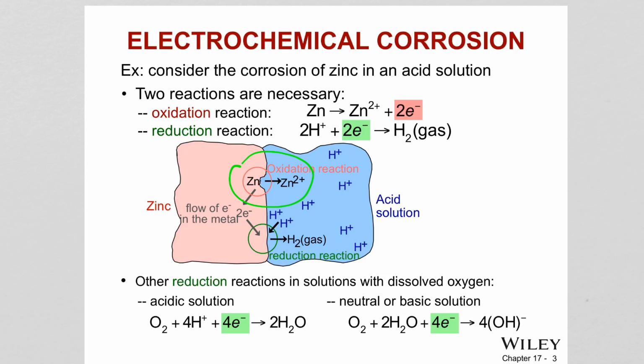So that is the reduction reaction. The positive hydrogen ion takes electrons from zinc and turns into hydrogen gas. So this was dissolved in the acid, right? But this is becoming a gas.